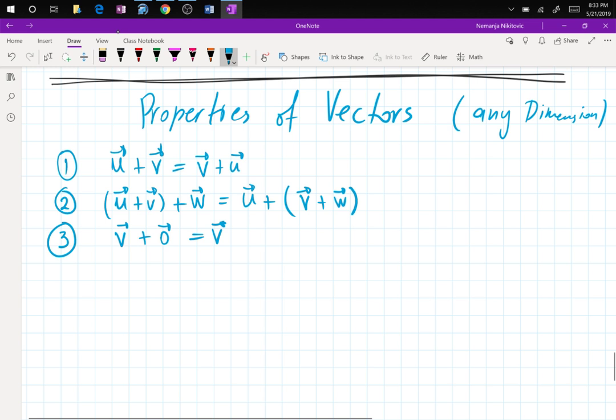So your 0 vector is in this case defined as 0, 0, which is just the point at the origin. Your 3D 0 vector will have 3 zeros in it. Property number 4, when you add vector to the negative of the same vector, you get a 0 vector.